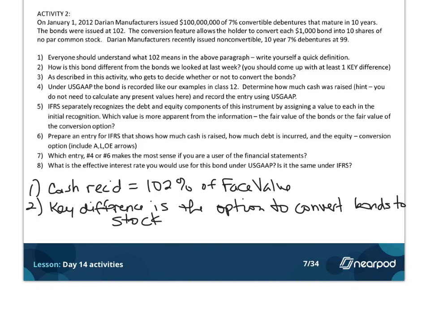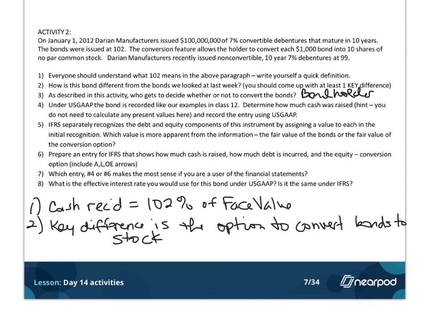Number 3, I ask you who gets to decide whether or not to convert, and in this particular bond, it's the bondholder. It's just the way the wording above was described. The conversion feature allows the holder of the bond to convert.